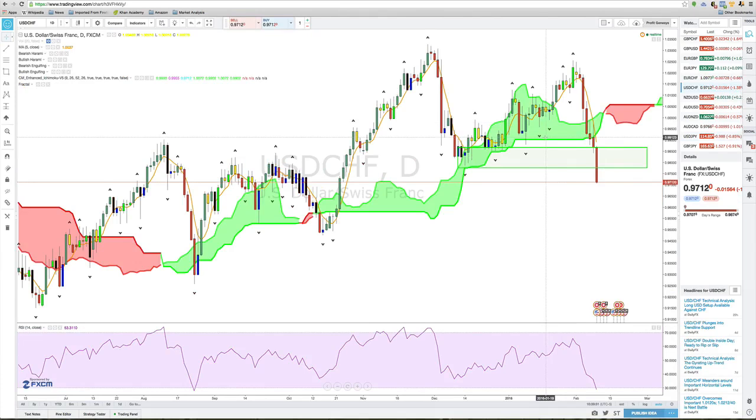The last currency that I want to look at here is the dollar Swiss franc. Now, this one, obviously, you can see we were in a really nice uptrend from all the way back to July of last year. We kind of formed an uptrend, and we bounced around a little bit at first, and then boom, shot up, had a correction, shot up again, got back up to these old highs here, and stalled out just recently over the last week or so.